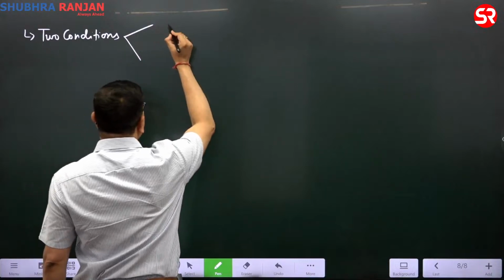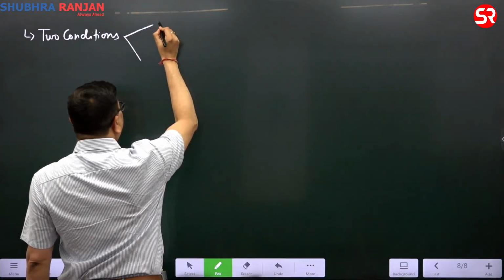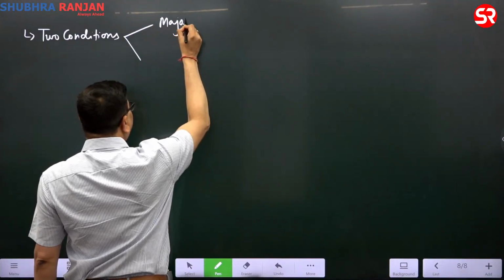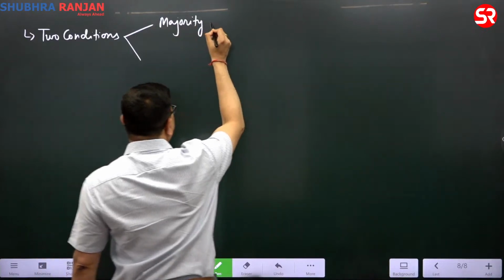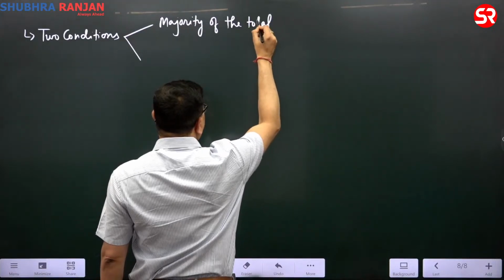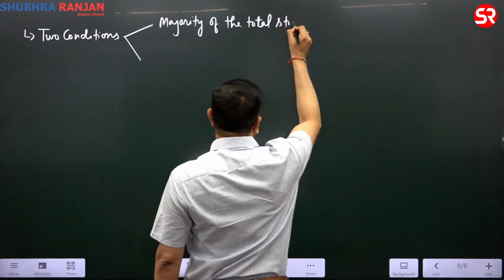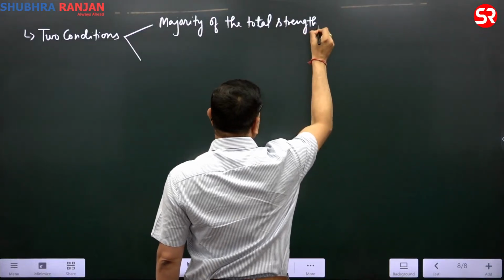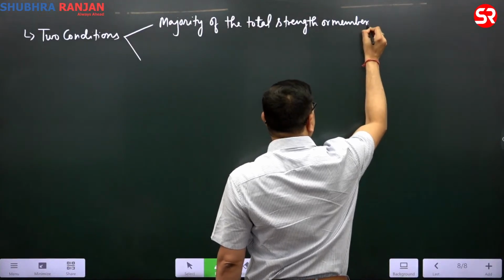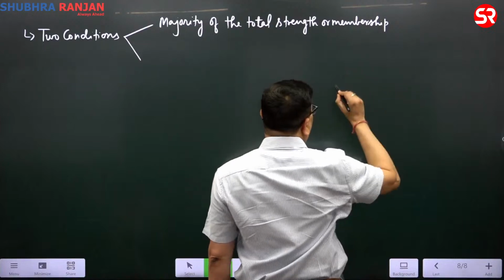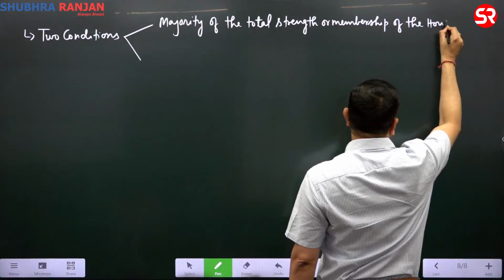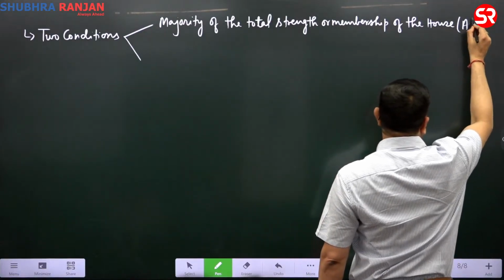First, it is the majority of the total strength or membership of the house, that is the absolute majority.